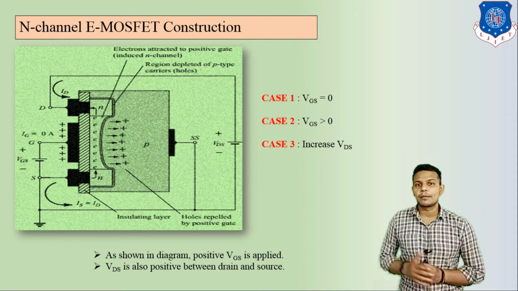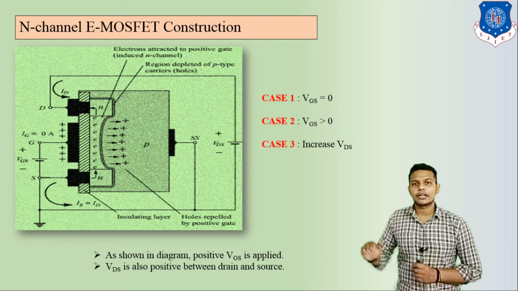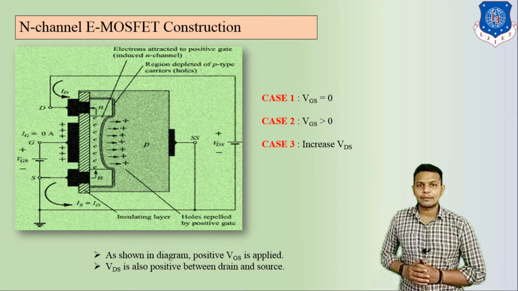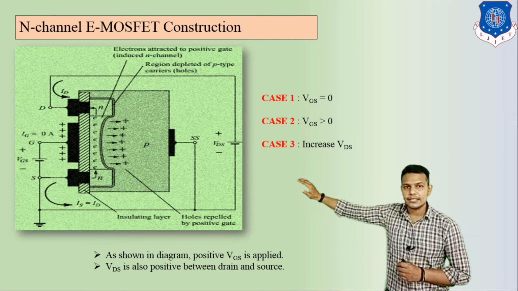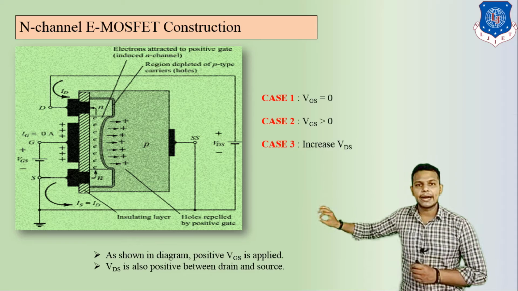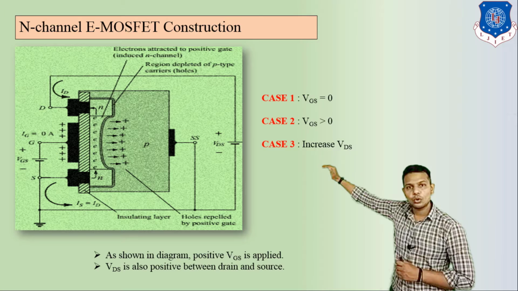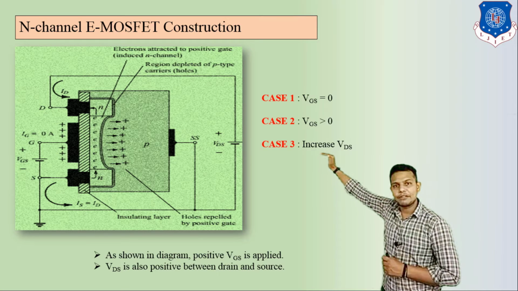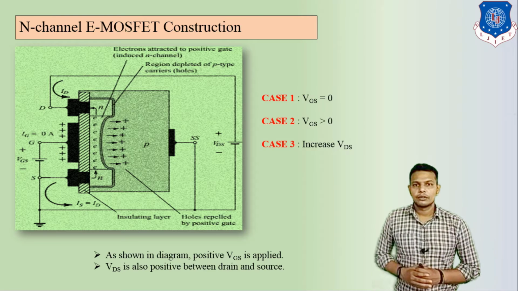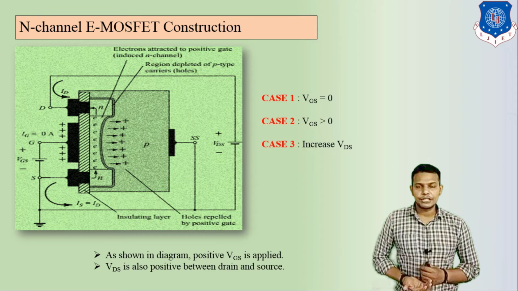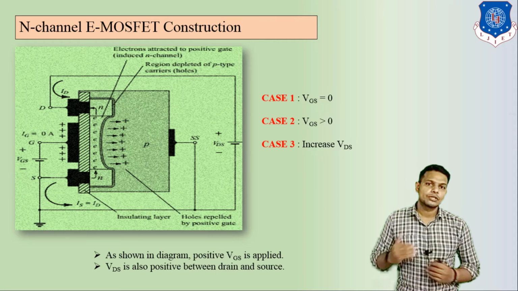If there is no channel present, that means drain to source is not connected. So even if we apply VDS, we cannot get ID, because there is no channel between the drain and source terminals. So if we apply VGS equal to 0, at this time ID is equal to 0.